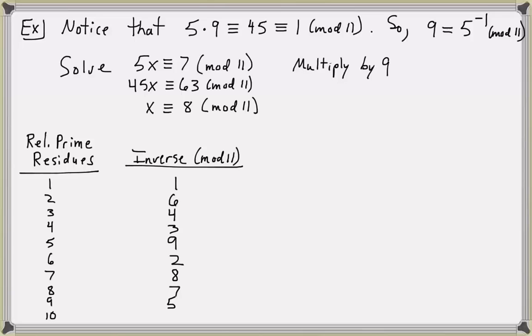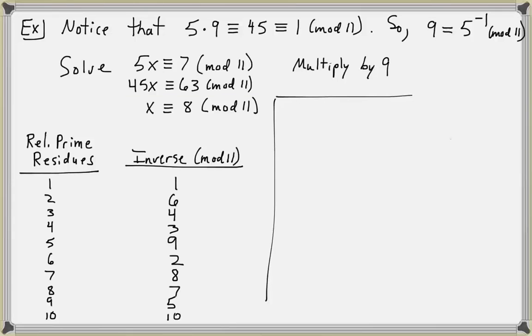And 10, we see, is actually its own inverse mod 11, because 10 times 10 is 100, which is 1 more than 99, a multiple of 11. So here's the list of all inverses of residues mod 11.